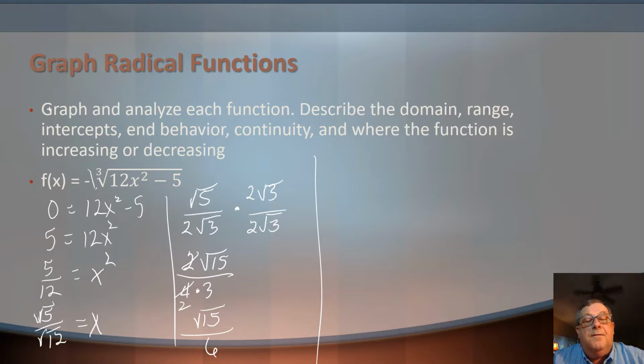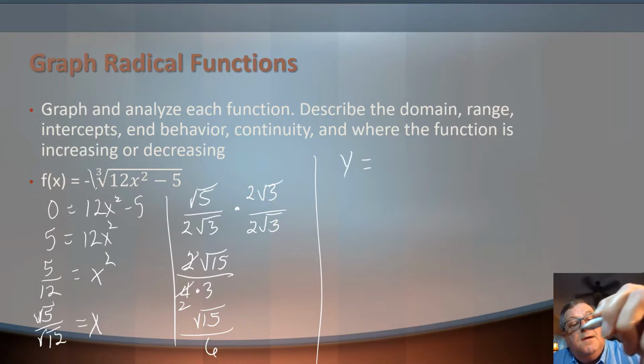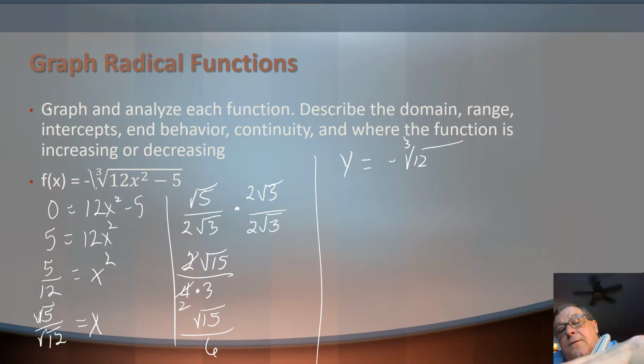Now, if I want to find the y-intercept, I set x equal to 0 and solve. So here we'd have y equals negative cube root of 12x squared minus 5. And if I set x equal to 0, 0 squared is 0, and 12 times 0 is 0.